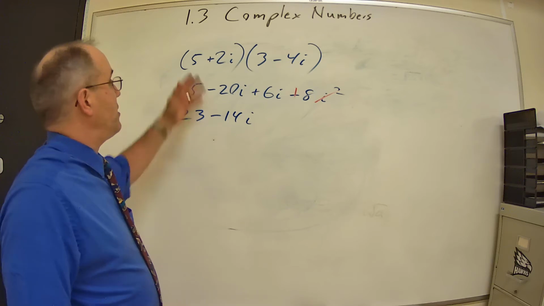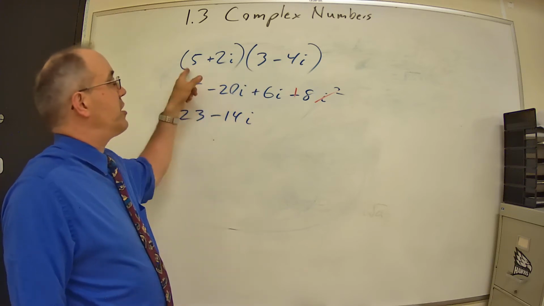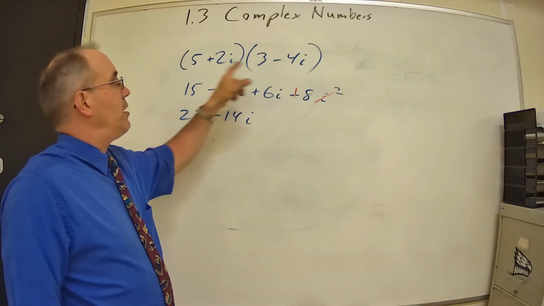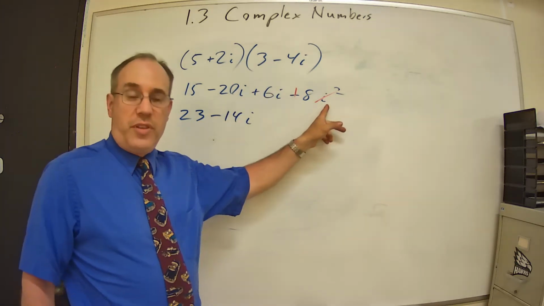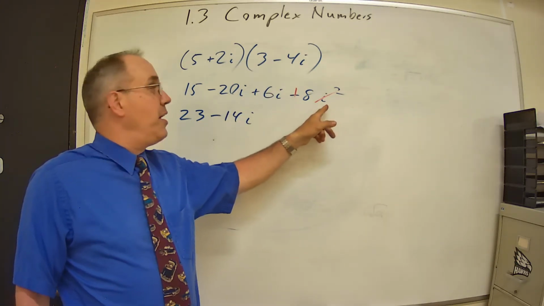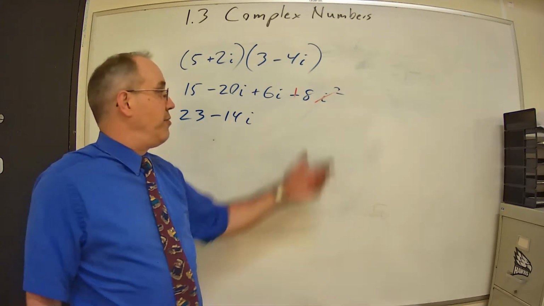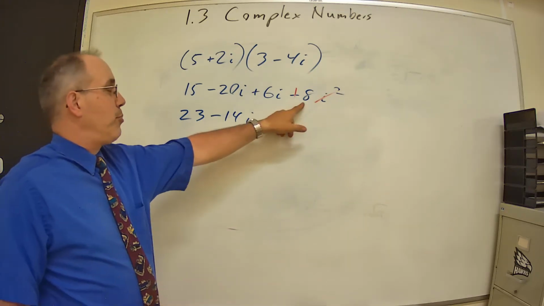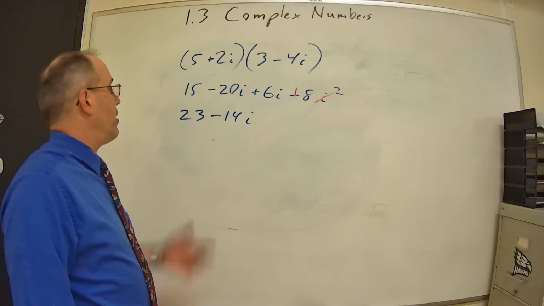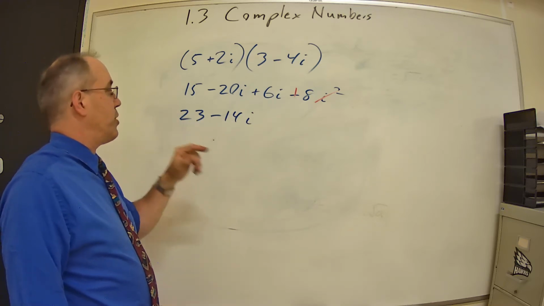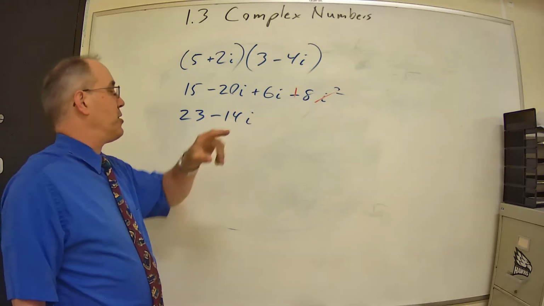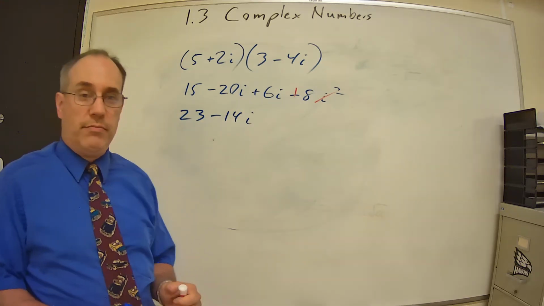So see the process, same process. First, outer, inner, last. But just remember, this isn't a variable, this is the imaginary number i, and i squared is equal to -1. So we turned it into plus 8 instead of minus 8, giving us 15 plus 8 is 23, minus 20i plus 6i is minus 14i.